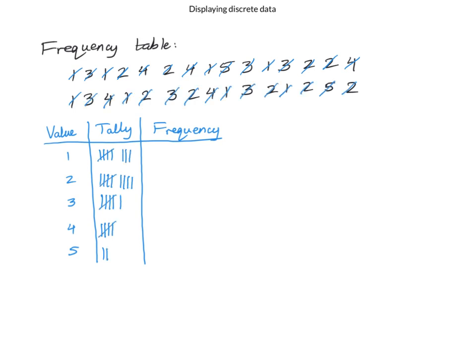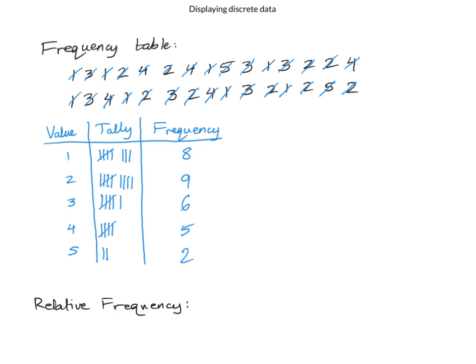And now I've tallied all of them. Of course, you know this trick about crossing when you get 5. So now I can write the frequencies of each of these values. 1 occurred 8 times, 2 occurred 9 times, 3 occurred 6 times, 4 occurred 5 times, and 5 occurred twice.